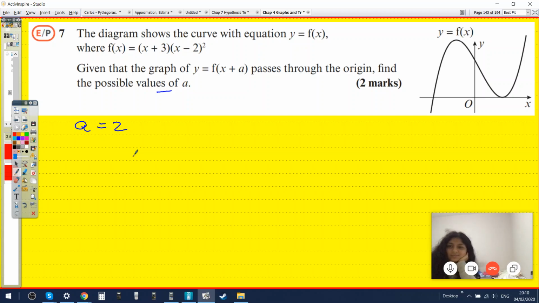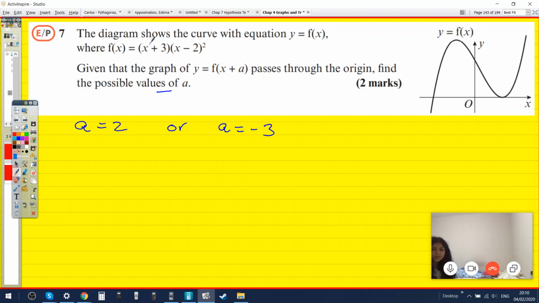A is in the bracket next to the X, so it can only shift left or right. It works the opposite way, so it's -3.